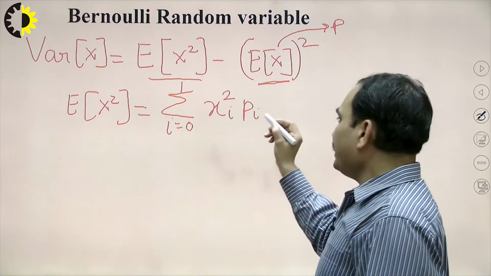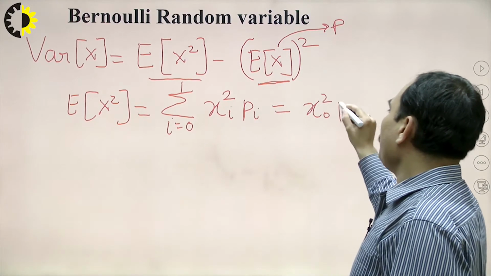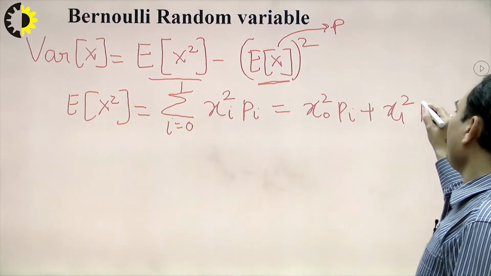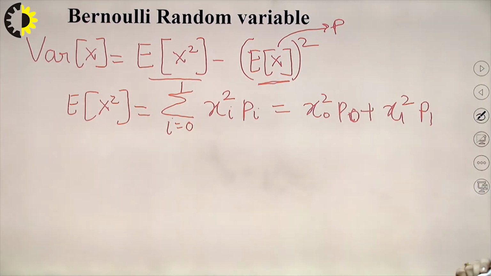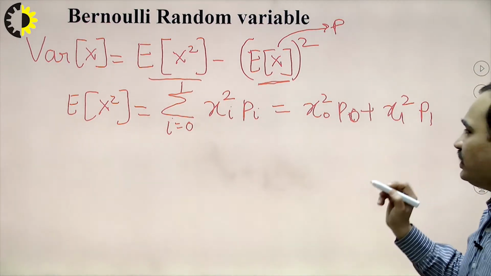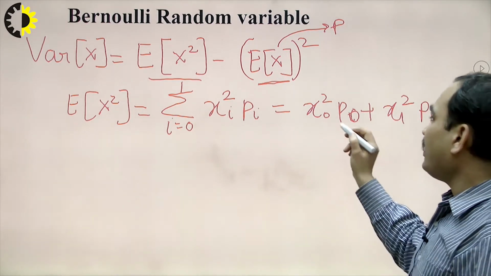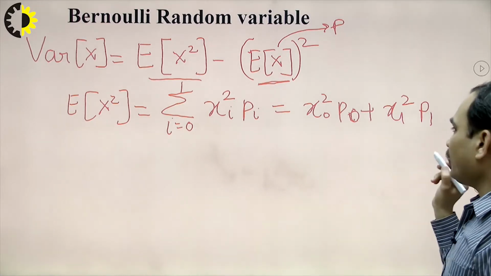Further expanding, we get x0 square p0 plus x1 square p1. The probability for 0 is 1 minus p, the probability for 1 is p, the value of x0 is 0 and the value of x1 is 1.